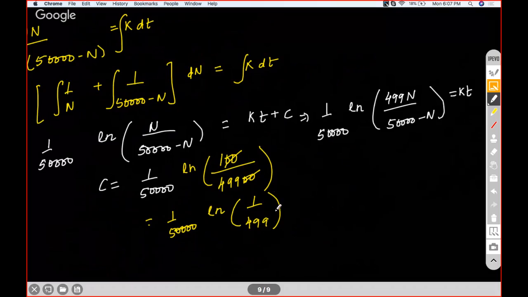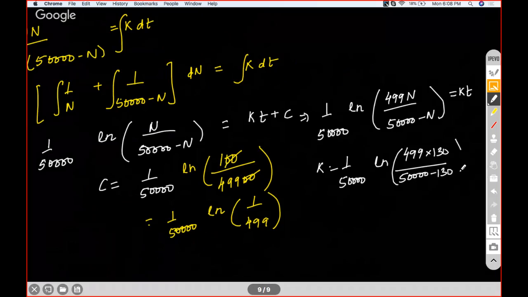Correct? Now t equal to 1, n should be 130. So k will be 1 upon 50,000 ln 499 times 130 by 50,000 minus 130. Can we calculate the value of k right now?